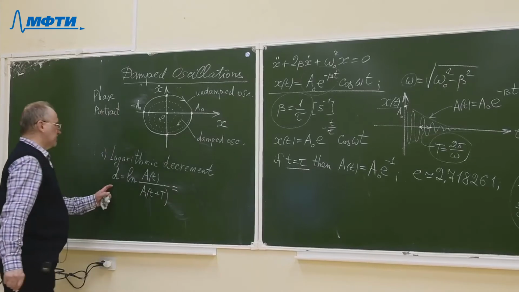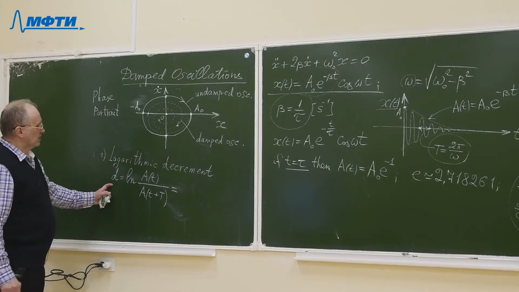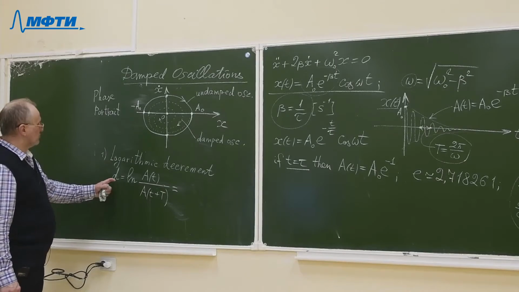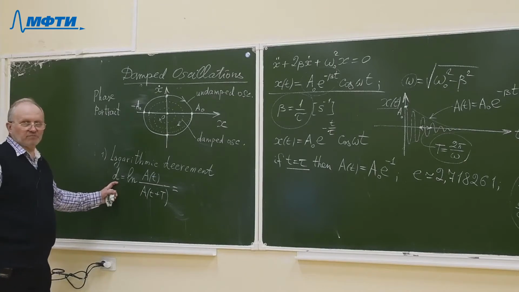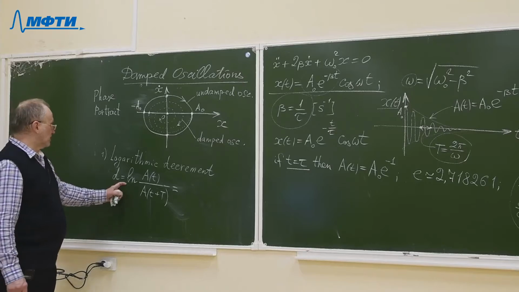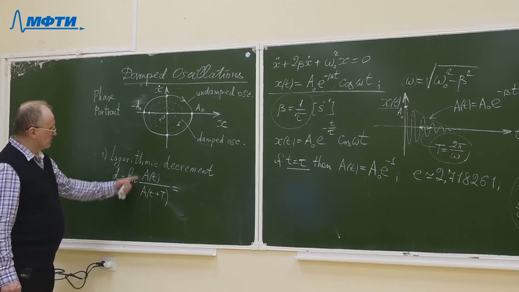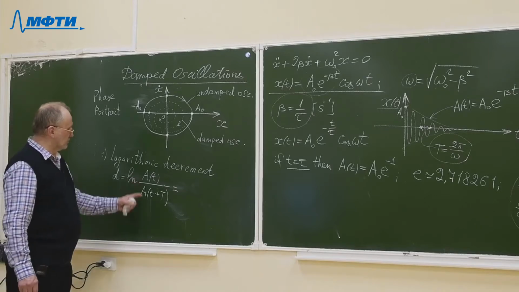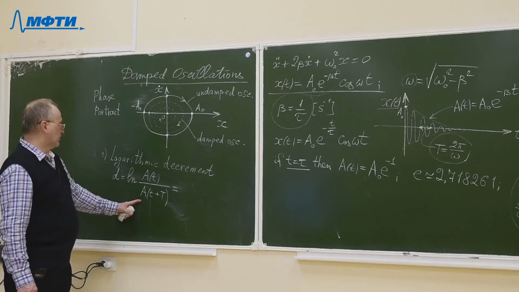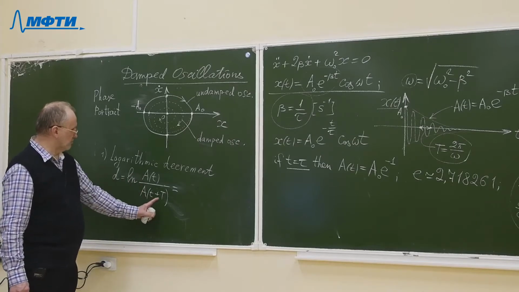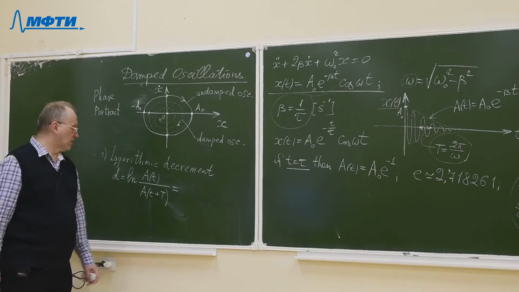So this is the definition of logarithmic decrement. This quantity is called the logarithmic decrement of damped oscillations. That is the natural logarithm of the ratio of two amplitudes, which are separated in time by a period of oscillations.